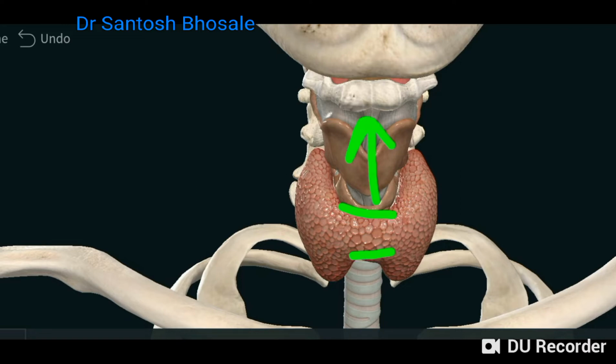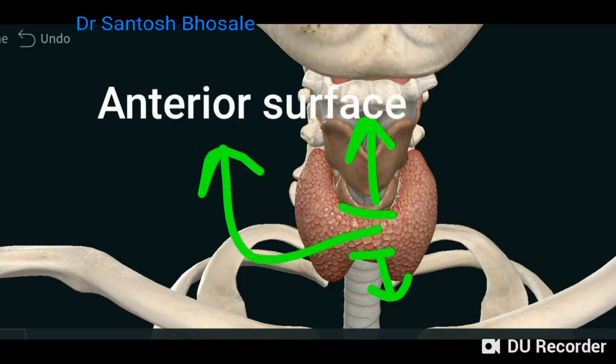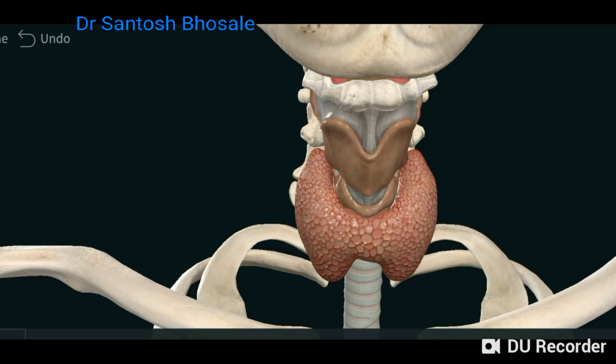You can see the borders here, superior border and inferior border, anterior surface and posterior surface.